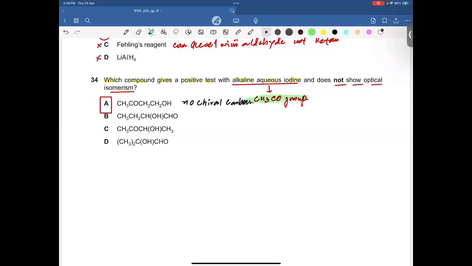Okay, and also CH3CO group is present in this compound. Okay, this is chiral, which is why it is incorrect. This is chiral, which is why it is incorrect.